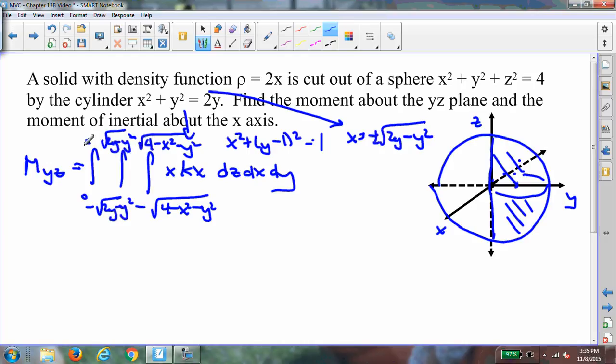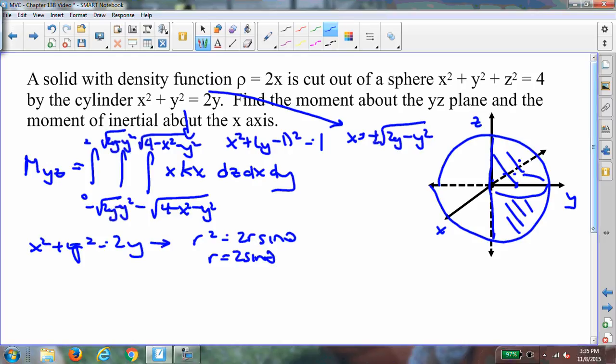Now, short segue, you can also do this in polar because this equation here, x squared plus y squared equals 2y. Let me write it here. X squared plus y squared equals 2y. We convert it to polar, that would be r squared equals 2r sine theta, or r equals 2 sine theta.